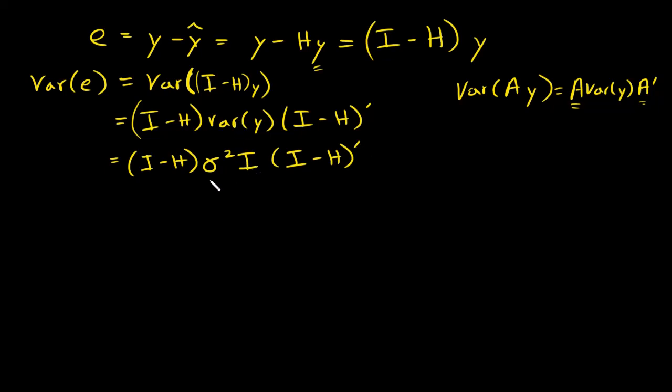Sigma squared is just a scalar, so I can pull it out to the front, and I can drop that I because it's just the identity matrix and doesn't do anything.